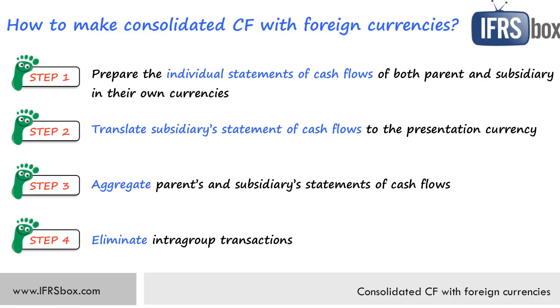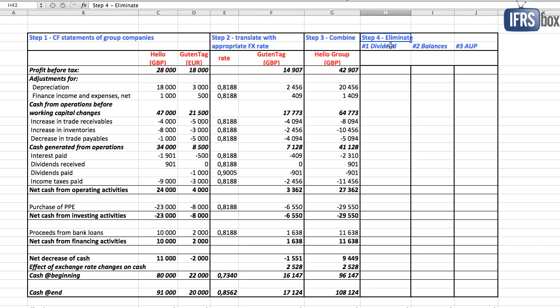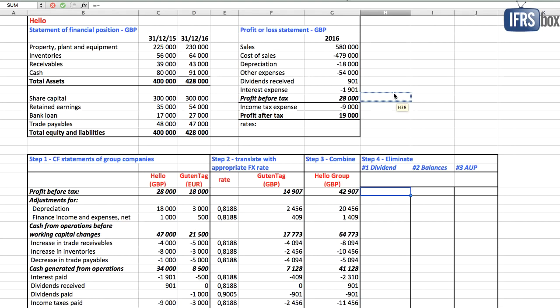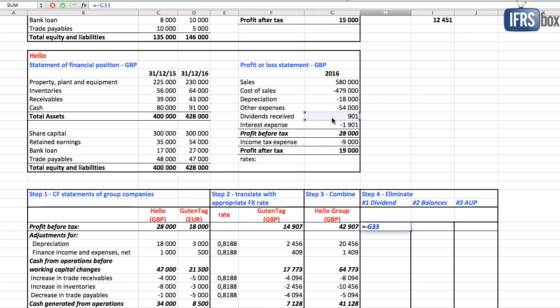Well, let's see. Here we have 3 things to eliminate. The first one is the dividend paid by Guten Tag to Hello. We will eliminate the dividends from the affected captions, which are profit before tax. Parents' profit was increased by the dividends, so we must bring it down, we deduct. Then the adjustment for finance income and expenses net. The net expenses were added, but they were lowered by the dividends paid, so we must increase them again, add the dividend back.